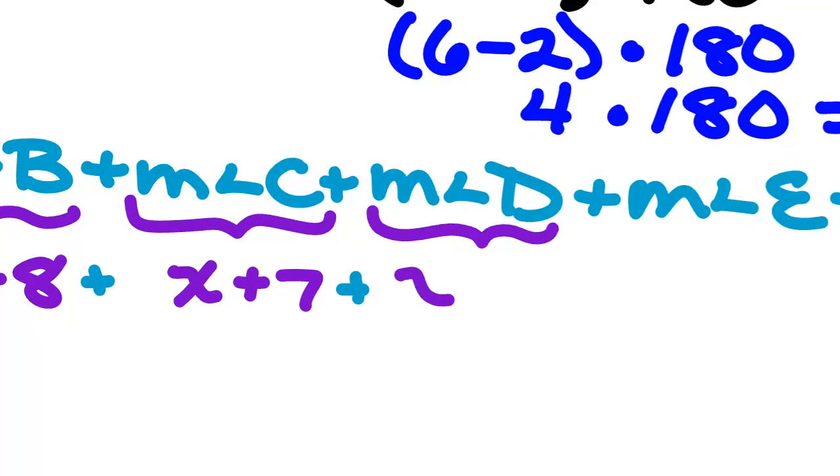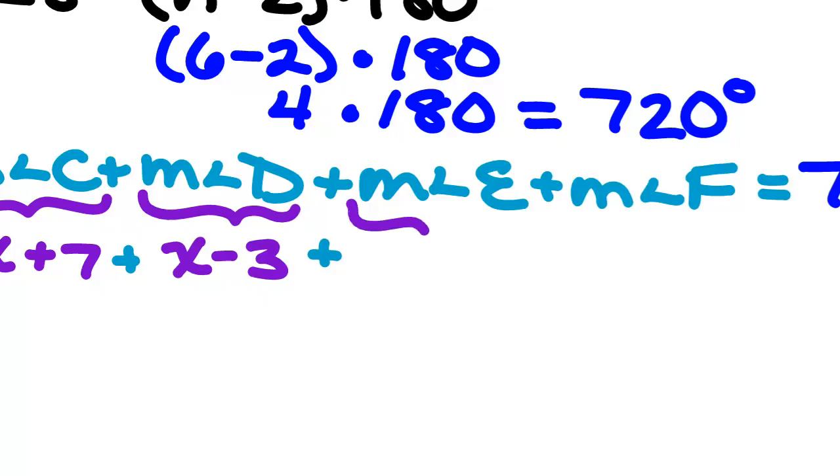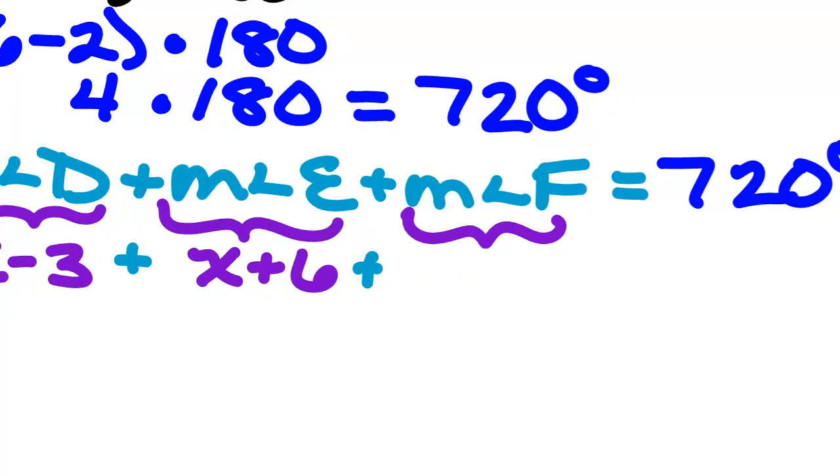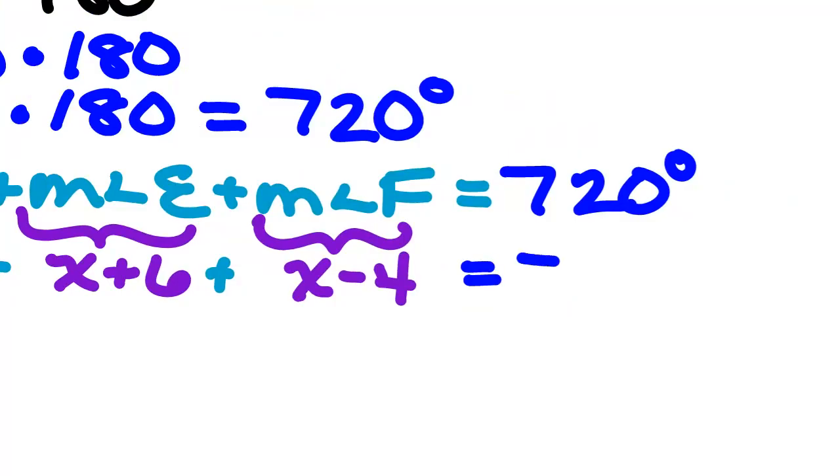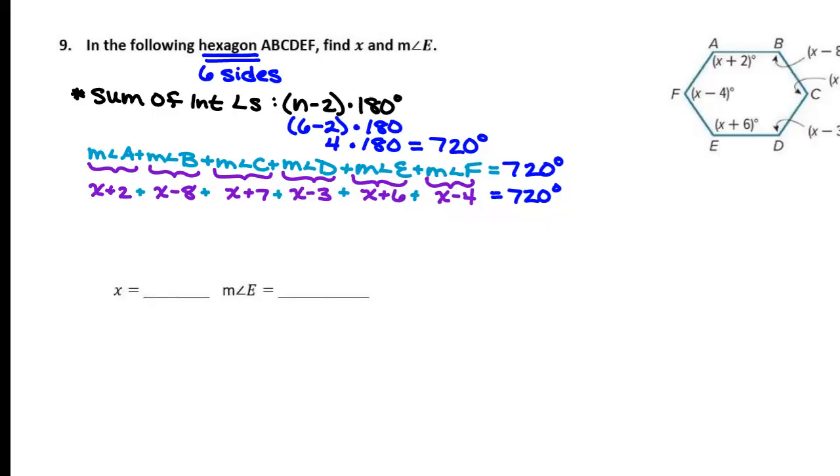X minus 3. In the place of E? X plus 6. And finally in the place of F? X minus 4 equals 720 degrees.